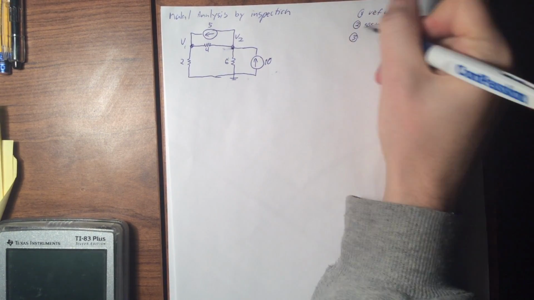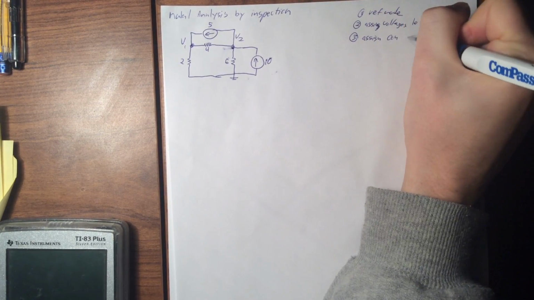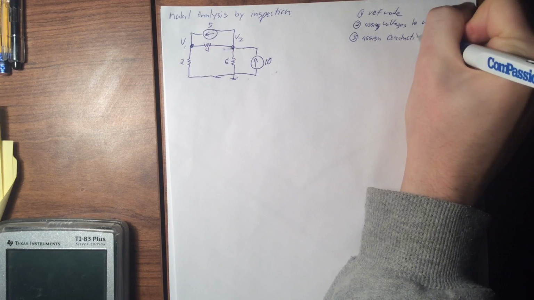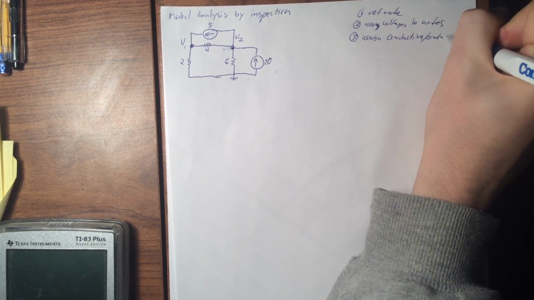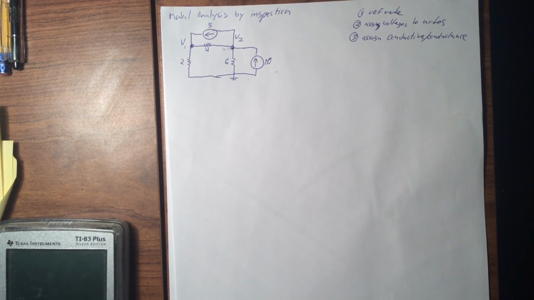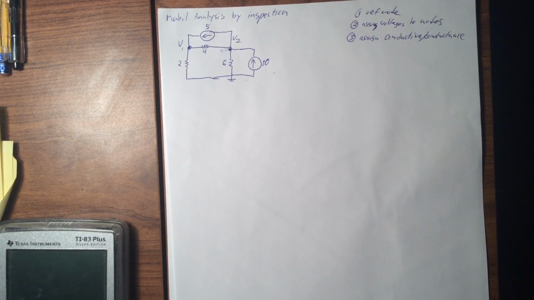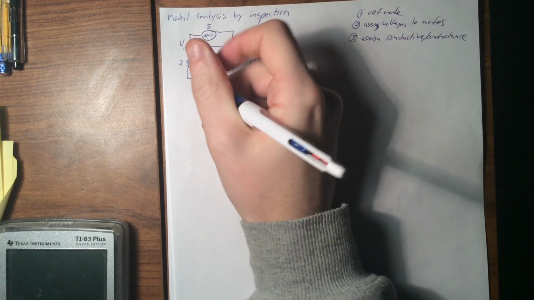Step 3 is the different one: assign conductance. Remember from chapters 1 and 2 that conductance is 1 over the resistance.